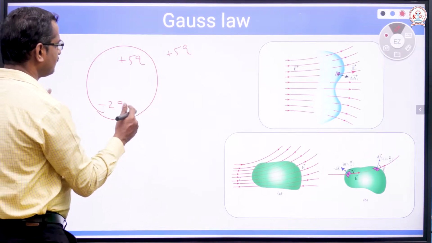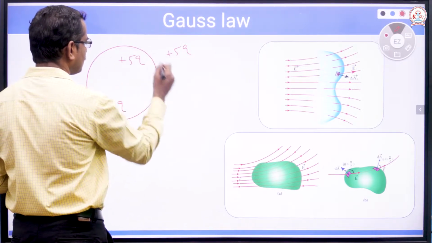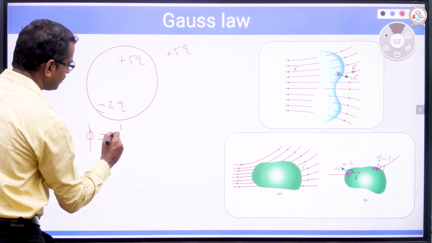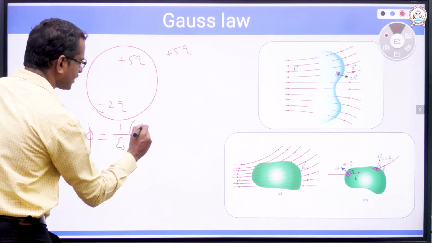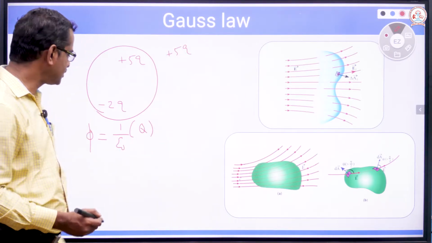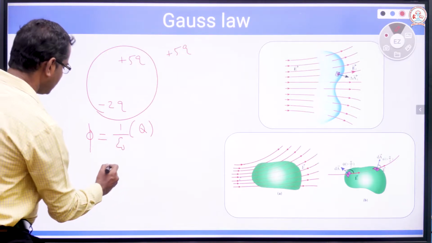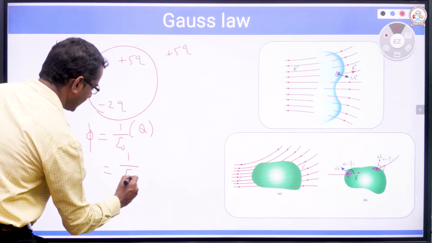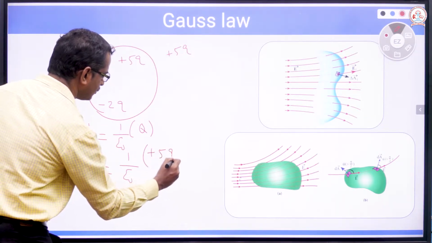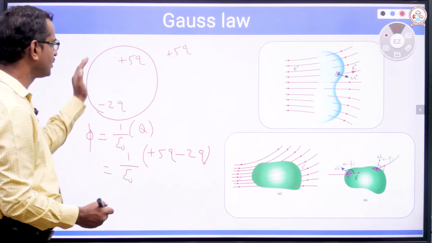Now, if you want to calculate the electric flux for the enclosed surface, then flux phi is equal to 1 by epsilon naught times the total charge enclosed by the surface. This is equal to 1 by epsilon naught times plus 5q and minus 2q. This is the only charge enclosed by the surface.